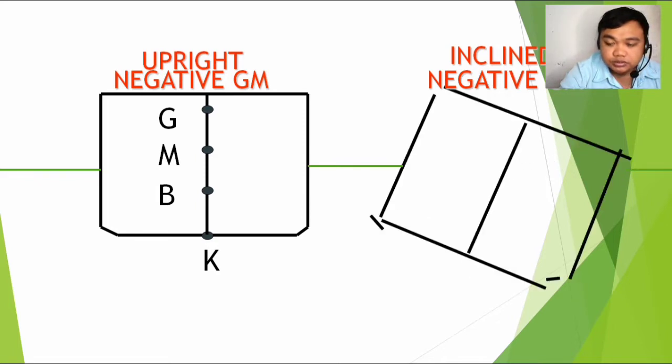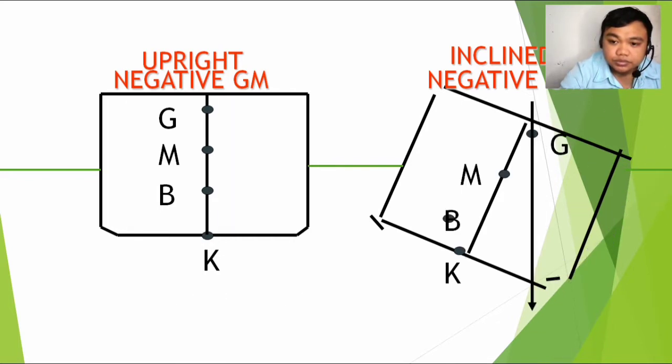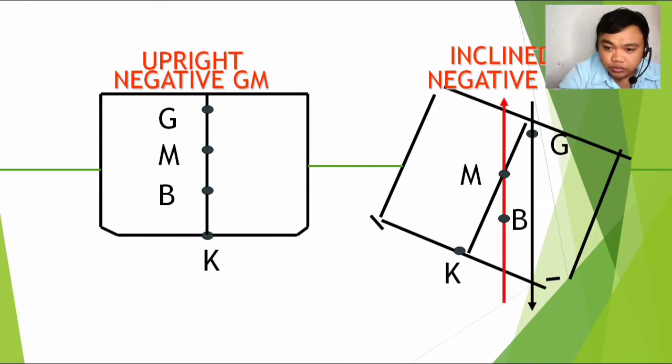If the ship will incline to one side, having a negative GM, again, the center of buoyancy moves to the lower side and will be in line with the force acting upward with the metacenter, but it will already be a capsizing arm because we have a negative GM.